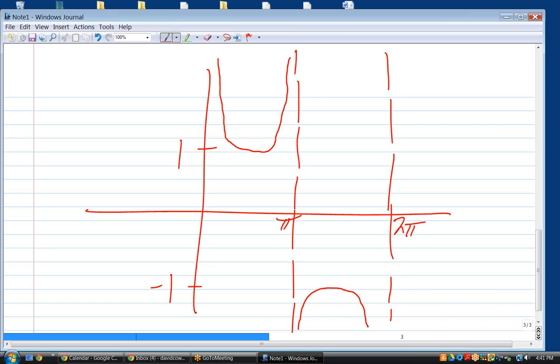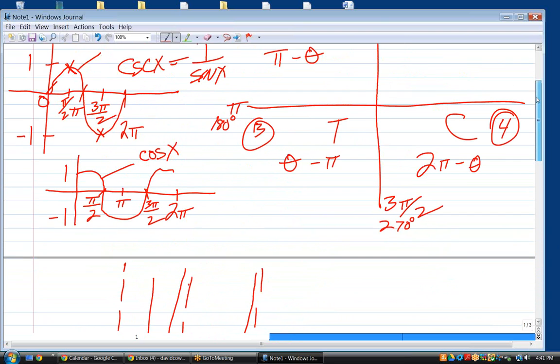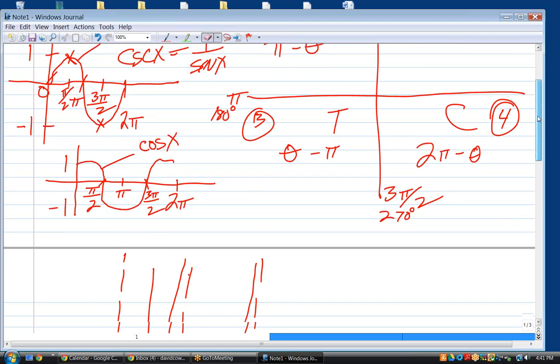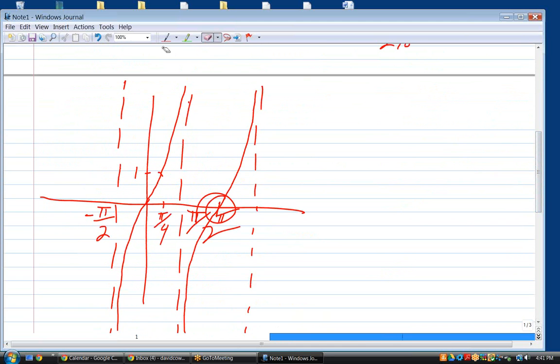And then the secant sits on the tops and the bottoms of the cosine curve. If we go back to the cosine curve, if I wanted to draw the secant, it sits on the top of that hump and the bottom of that valley. And the only curve we haven't talked about is cotangent.